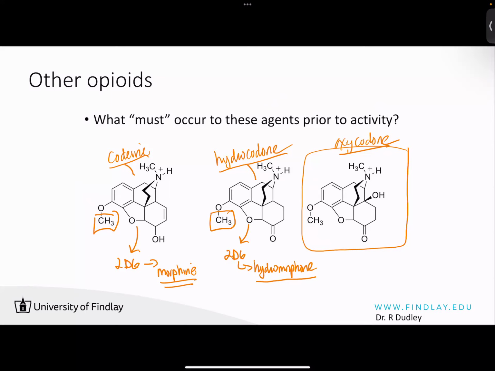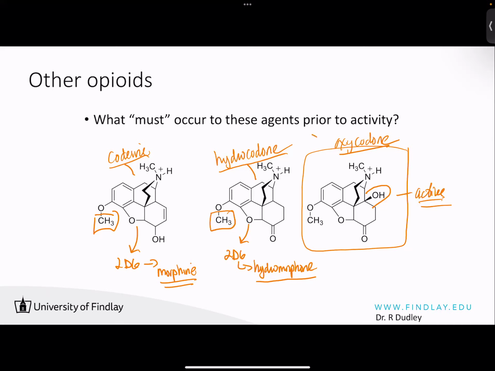And then oxycodone. Well, guys, the presence of that alcohol at the 14 position makes oxycodone active. It's active right now as is. It doesn't need to get O-dealkylated for activity. So oxycodone, as the parent molecule, retains potent opioid analgesic effects.